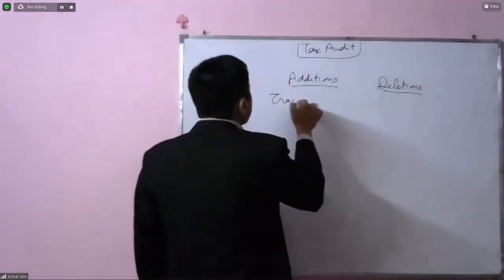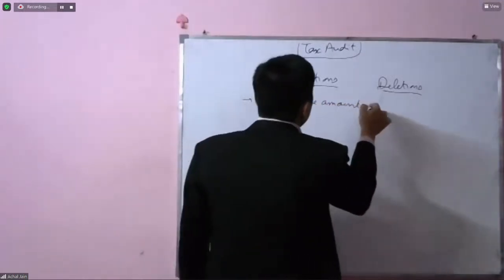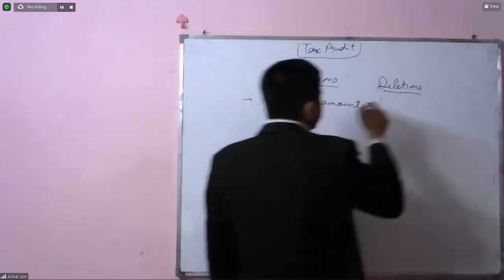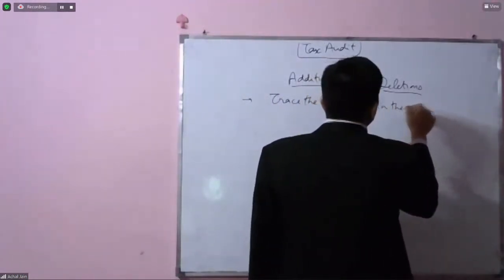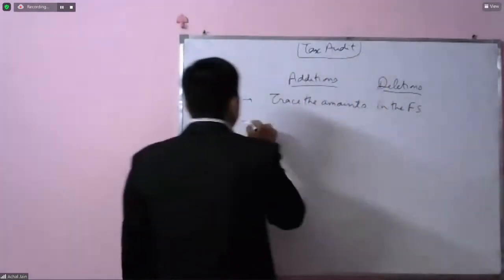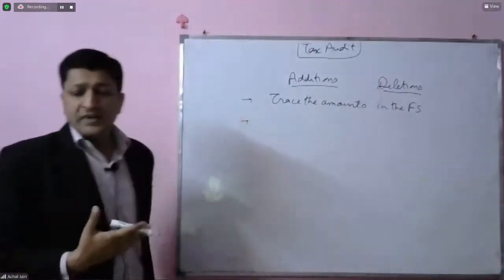One is to trace the balances, or we can say trace the amounts, in the financial statements. Second would be to perform testing of additions.